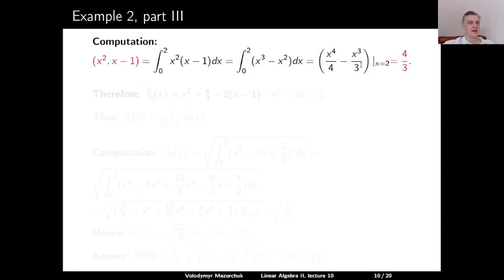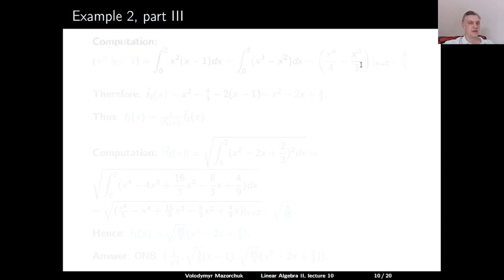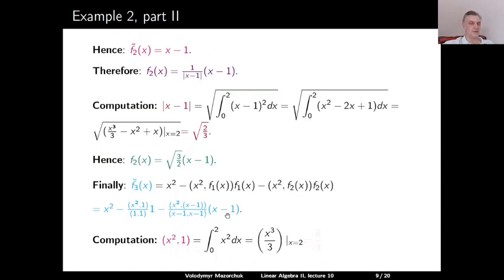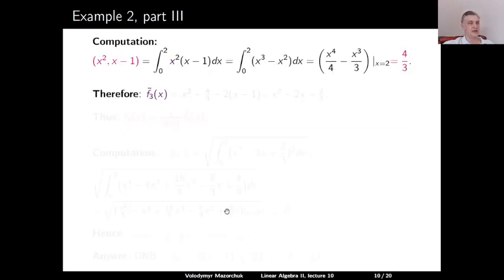And now if we plug in all computed values into our formula, we will get that f3 tilde is equal to x squared minus 4 divided by 3 minus 2 times x minus 1, which is the polynomial x squared minus 2x plus 2 divided by 3.